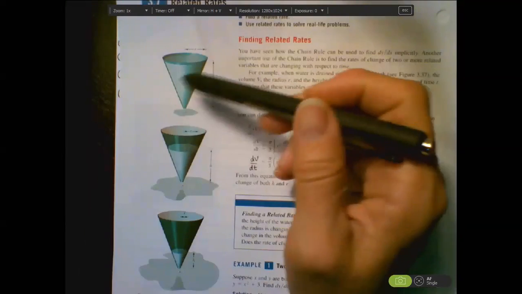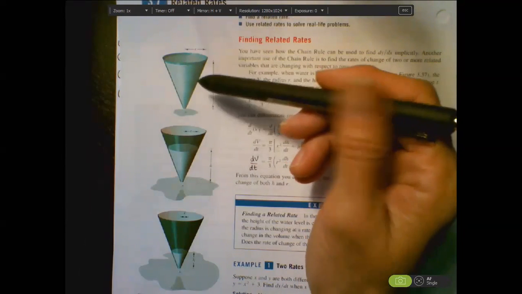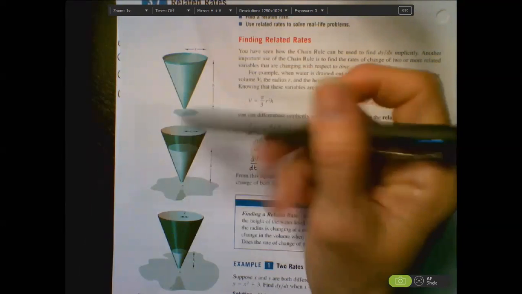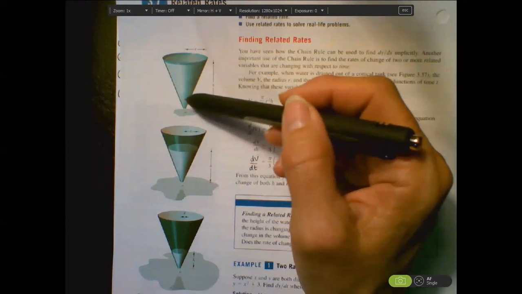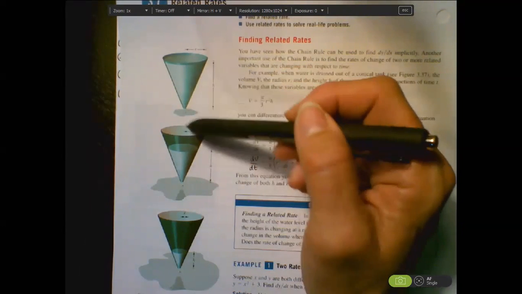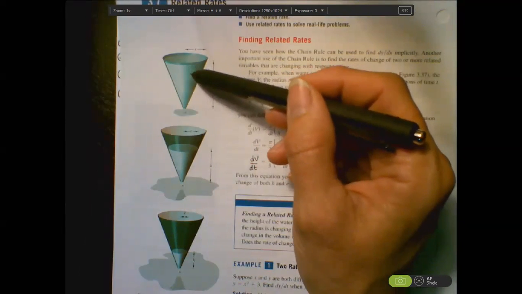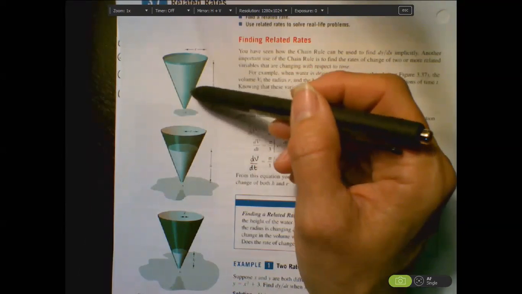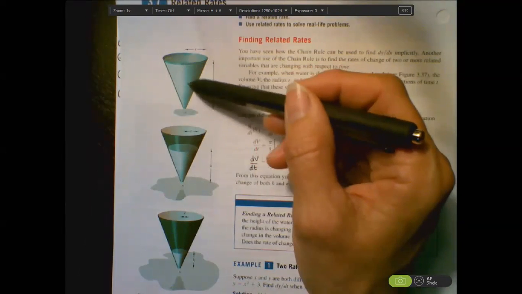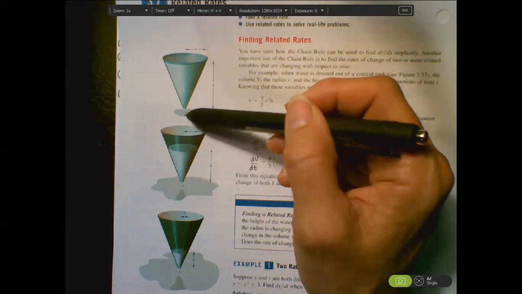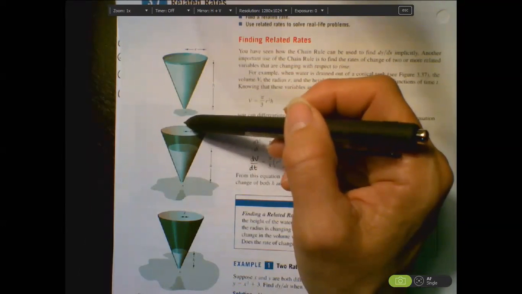Y'all have probably seen water flow out of a funnel, and up here, when the funnel is full, the height goes down slowly, but the further the height goes down, the faster the radius starts getting small. That's not exactly how I wanted to say it. Let me think.